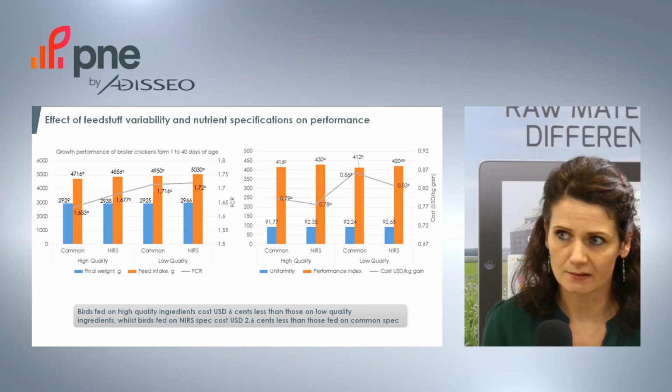The performance results show clearly that both the estimation method and the feedstuff quality can impact the feed intake, the feed conversion ratio, the performance index, and will show significant differences in the total feed cost per kilo live weight gained.